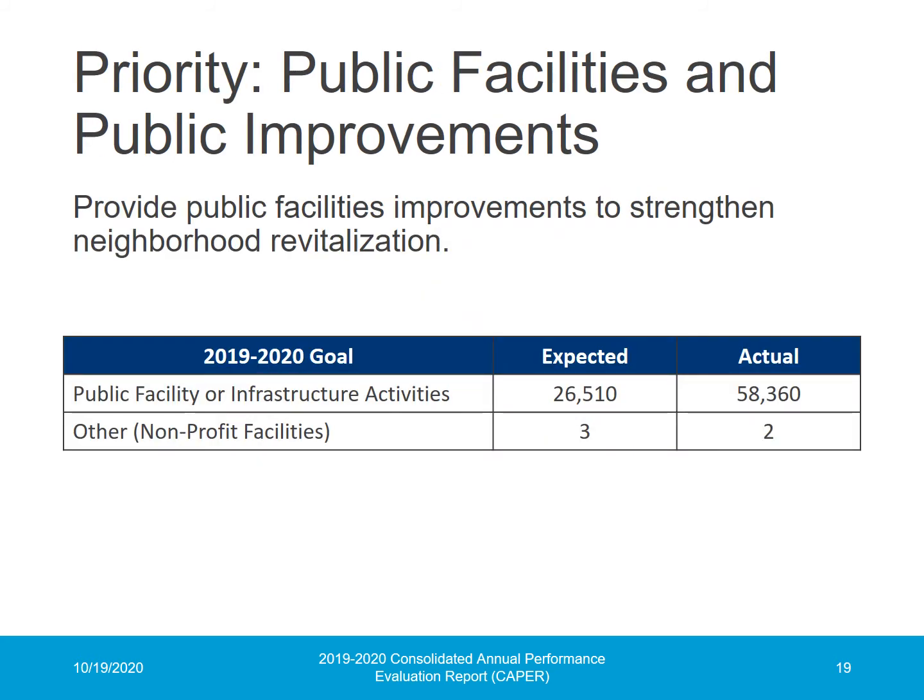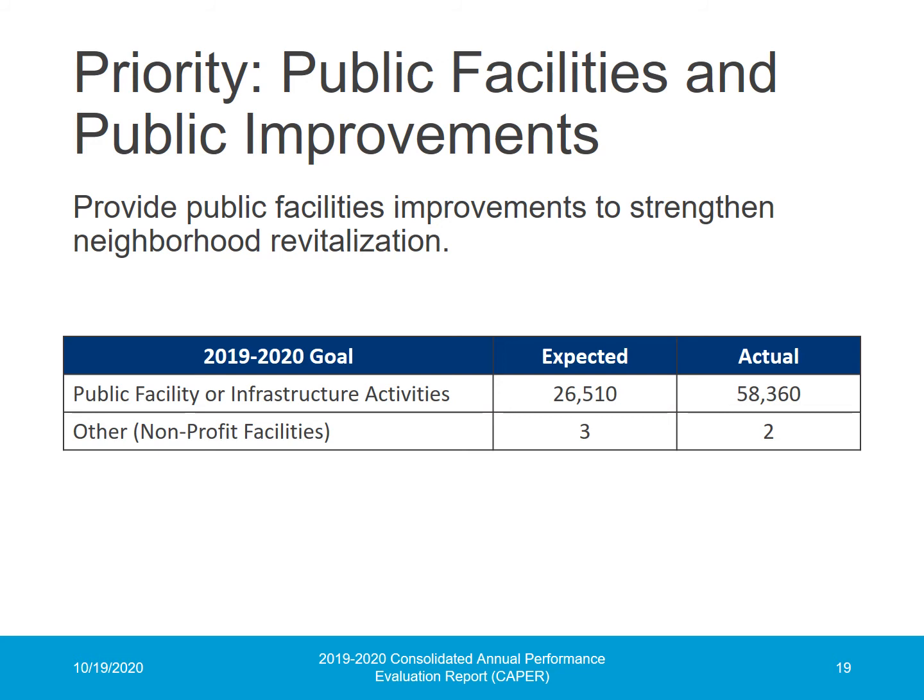Two goals were associated with the city's priority to provide public facilities improvements to strengthen neighborhood revitalization. The first goal, public facility or infrastructure improvements, reports the number of individuals who reside in the service area of a completed public facility or infrastructure improvement which was improved using CDBG funds during the program year.